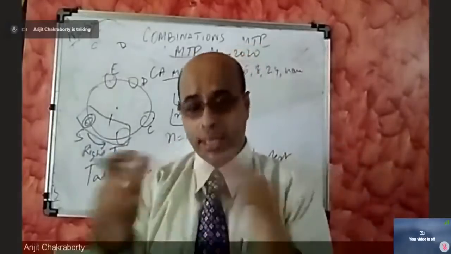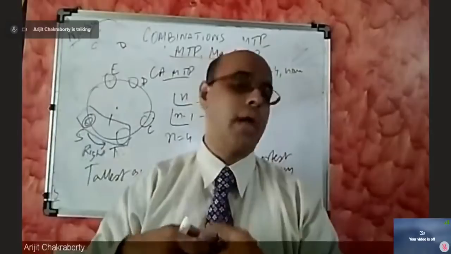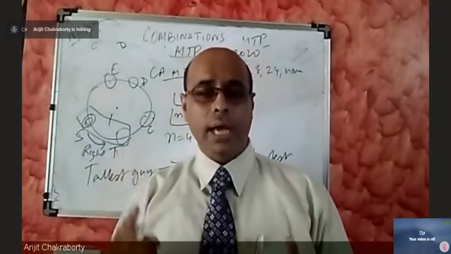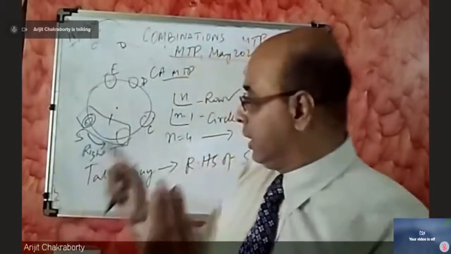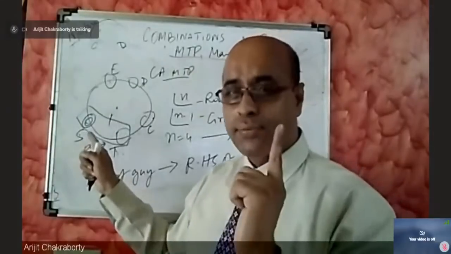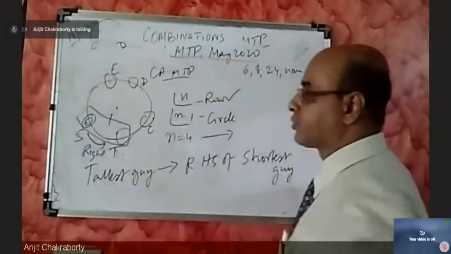They are now one and the same, united, connected as one unit. So these guys are sitting next to each other and the tallest guy T is to the right hand side of S. Fine, we have satisfied that requirement in the problem.